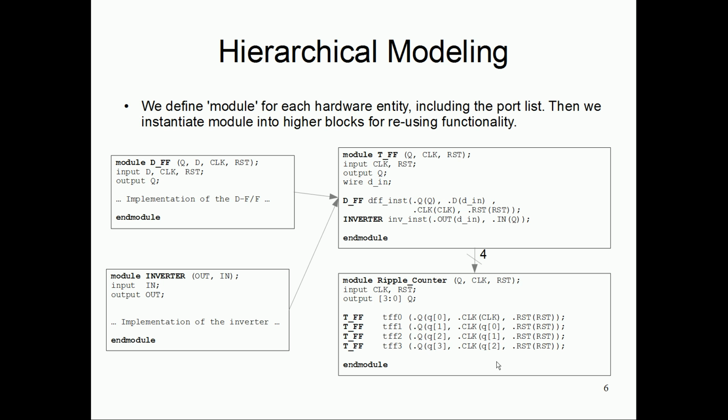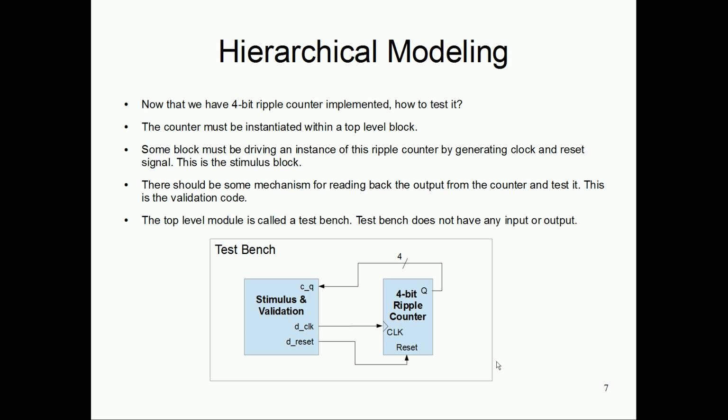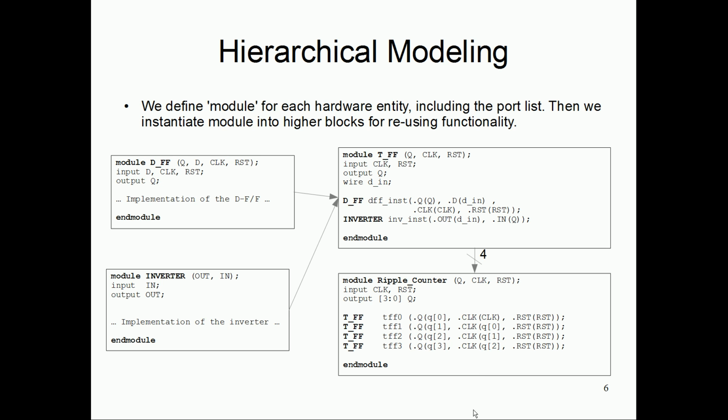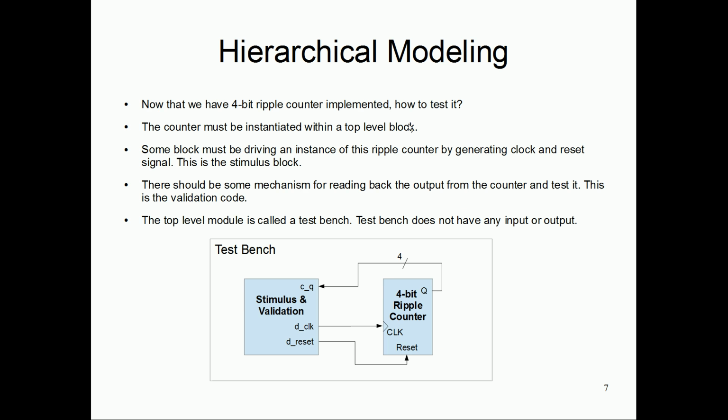Okay, so once we do that ripple counter, the obvious question is how do we test it? We have just defined an entity. We must instantiate it within a top level block, a test environment or test structure.